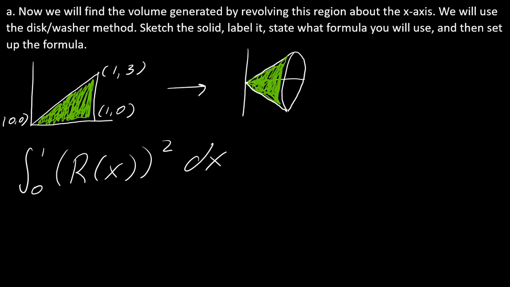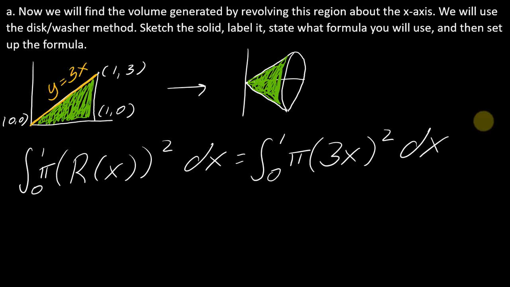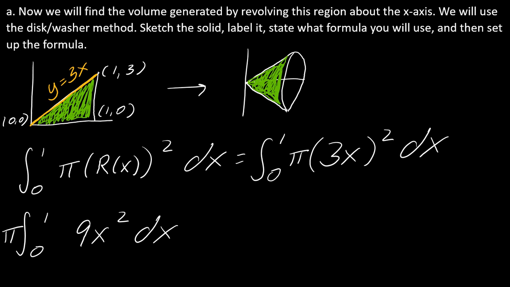So for the disc method, I'm going to have, oops, I forgot my pi here. Okay, there it is. So I've got my pi r squared, but of course my r is this dynamically changing formula. So what will be my r of x will be this 3x squared, okay? So here is the setup, and now if I go with the rest of this, I've got my pi's everywhere in here, and so this will just be integrating pi from 0 to 1 of 9x squared dx, and then you can finish the integral.